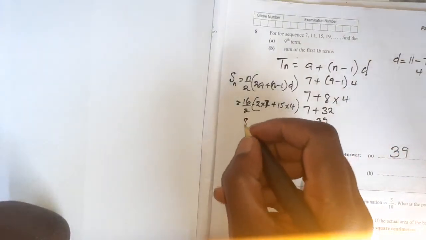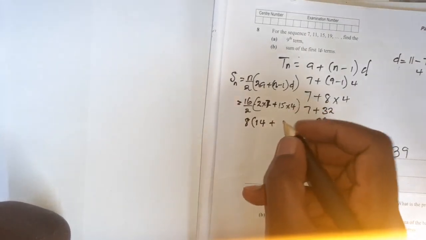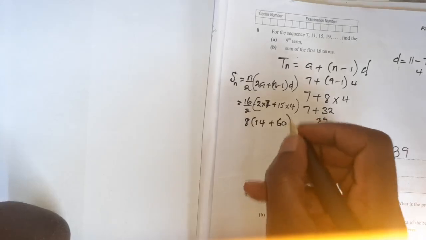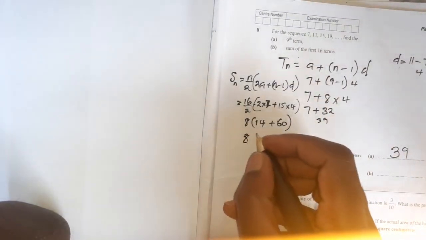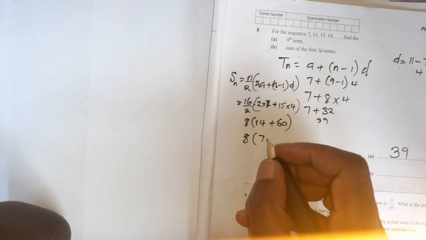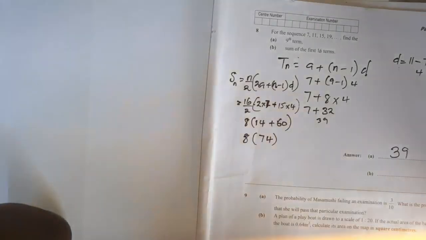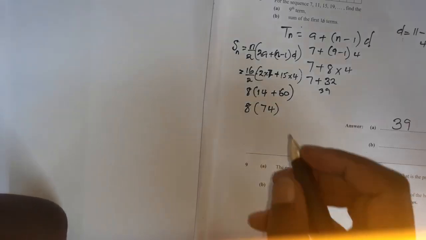So 2 multiplied by 7 gives us 14, and 15 multiplied by 4 gives us 60. So the bracket gives us 74, and 16 over 2 gives us 8. So we multiply 8 by 74. 4 multiplied by 8, we get 32.